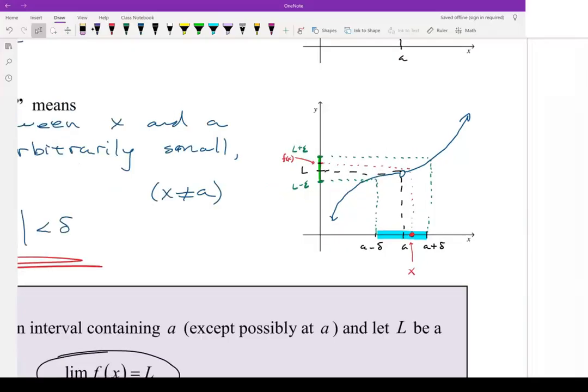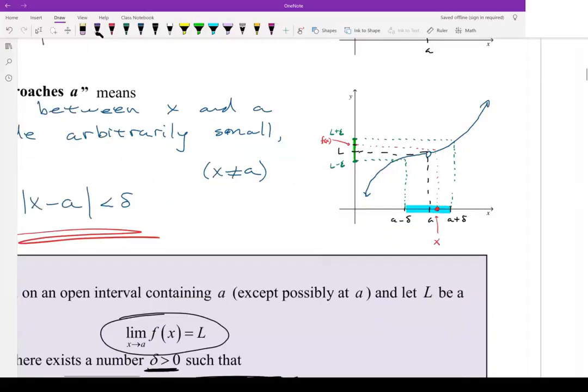idea here is that we're zeroing in on the limit L by picking smaller and smaller epsilons. And what that does is it gives us new little regions down here in which everything in the blue region will give us an f value inside the little highlighted green region. And that's what this statement is saying.